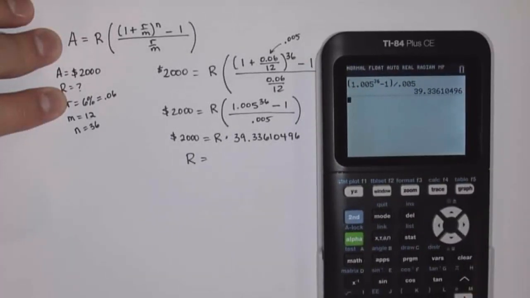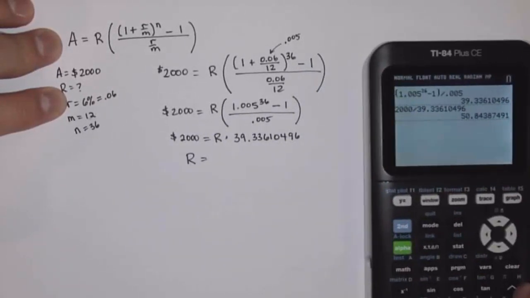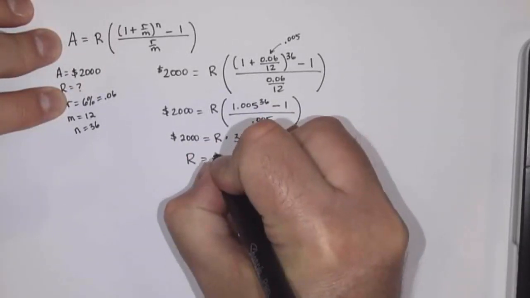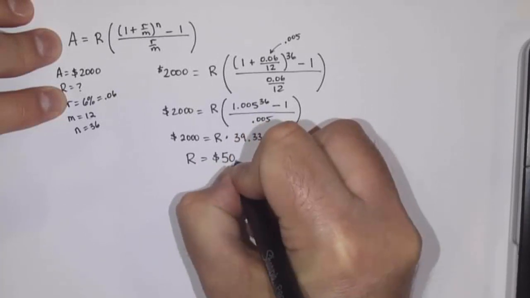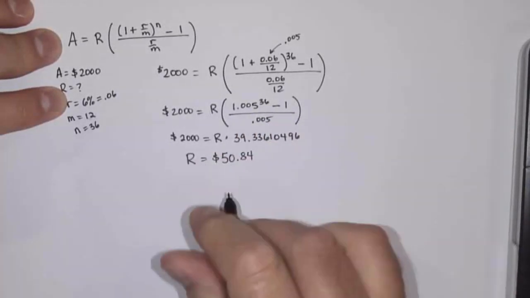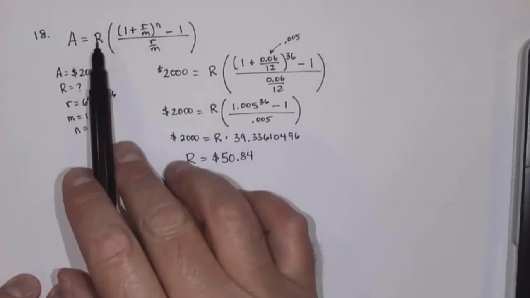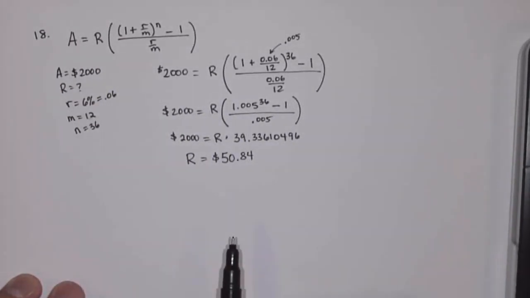So R is going to equal 2,000 divided by that. So if we take 2,000 divided by the 39.33610496, that is equal to 50.84. So we're going to have to make a monthly payment of $50.84 in order to accumulate the $2,000.